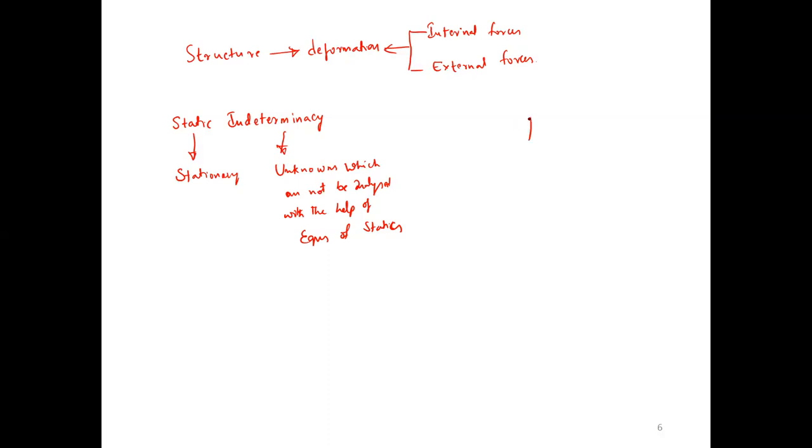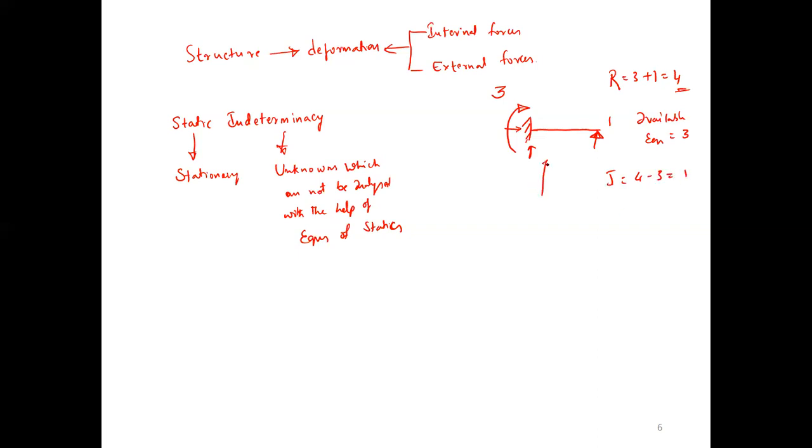See what happens if you take the fixed end beam with a prop, or propped cantilever beam. Here how many reactions will develop at the fixed end? 3. At the free end we are having one prop, so 1. What is the total reaction? 4. Now what is the available equation? 3. So 4 minus 3 becomes 1.